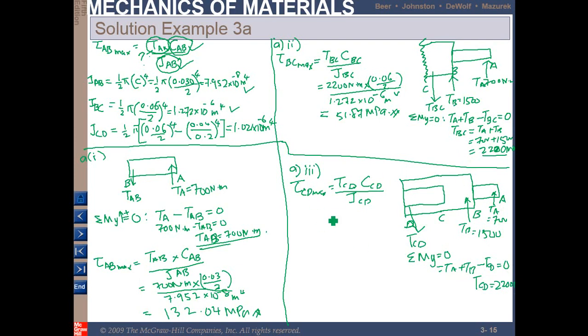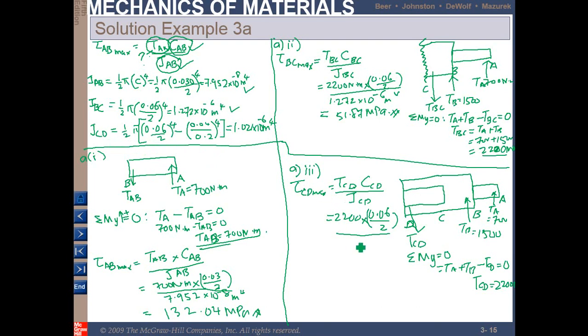Okay, so TCD is 2200 times CCD. So what is CCD? CCD is 0.06, because this is the outer diameter, over 2, divided by JCD. JCD is hollow, so the equation is like this.